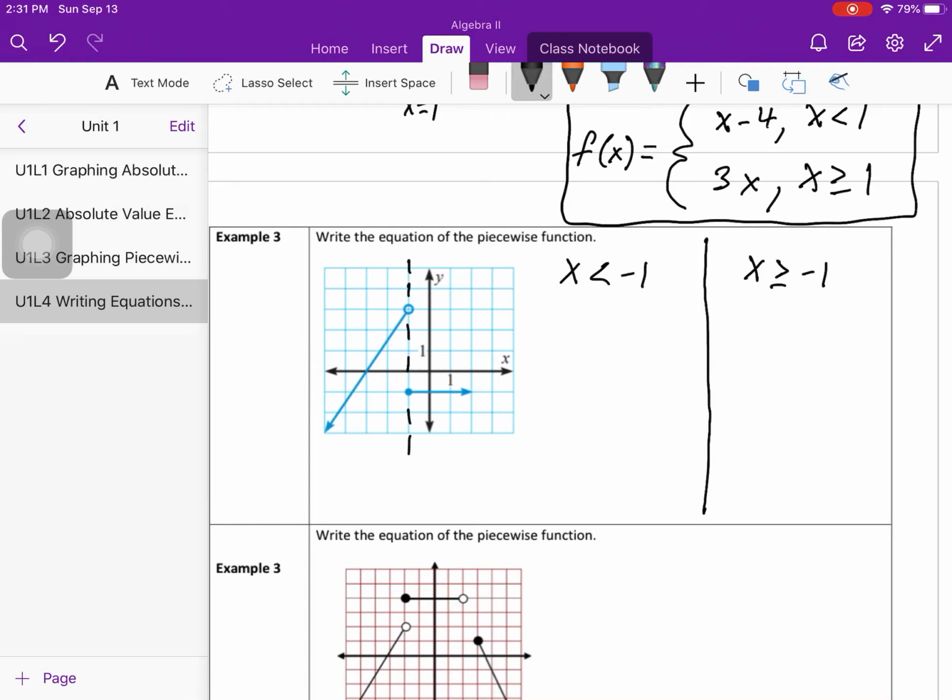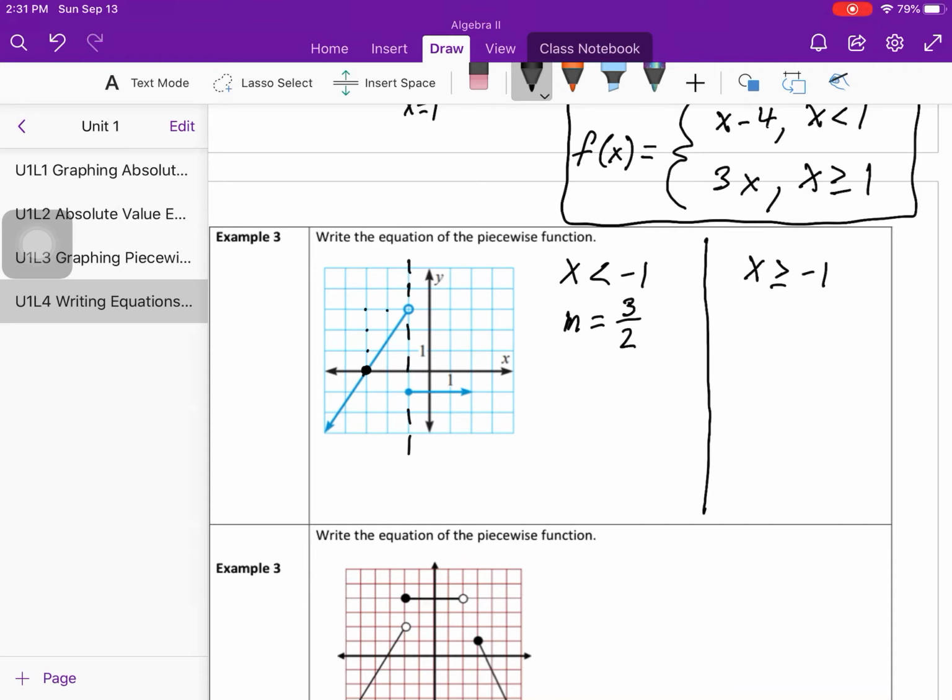Okay, looking at the left line, we have our m. Let's find another nice point right here. So we count up 1, 2, 3, and then go over 2. So it's a rise of 3 and a run of 2. It's positive, because technically we would go up.